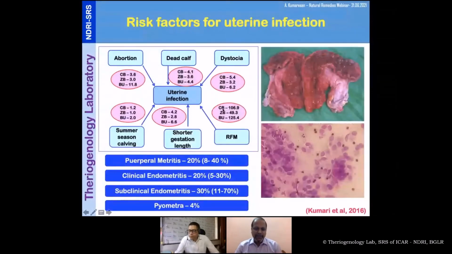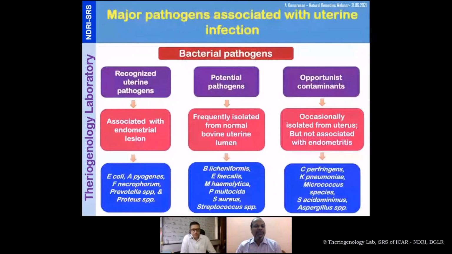For example, a crossbred cow which had retention of fetal membrane is 100 times more at risk of developing uterine infection. Similarly in Zebu, and similarly in buffaloes. A buffalo which has RFM invariably turns into uterine infection. So these are the managemental factors that can be used to reduce uterine infection.